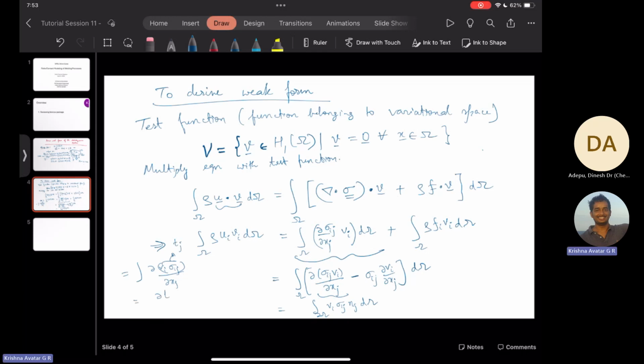So then it clearly looks like a Gauss divergence, some divergence going on, right? t_j, so it's like divergence of t. And then this becomes t vector dot n vector over ∂Ω. So then we can again put back our t as v_i σ_ij, dot n_j. So that's what's going on.